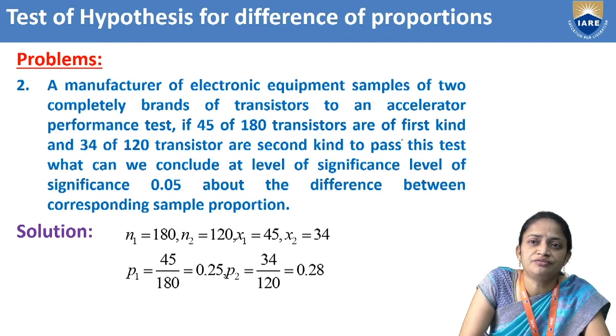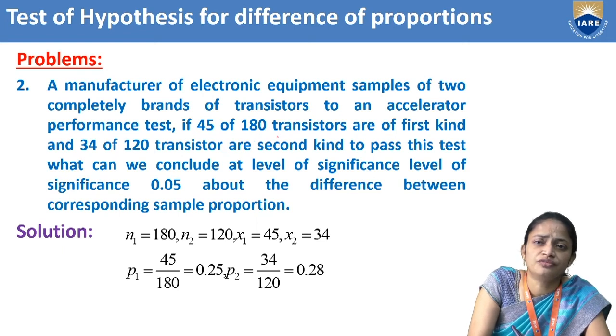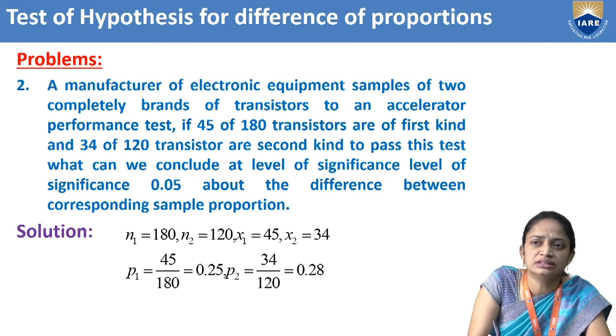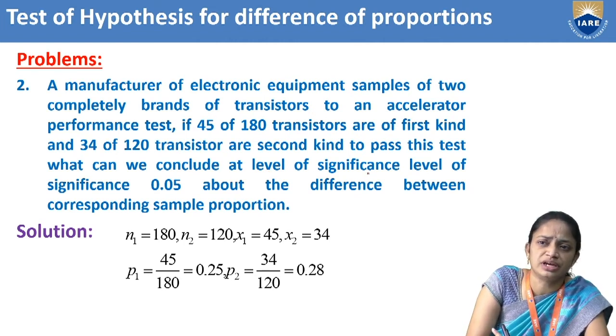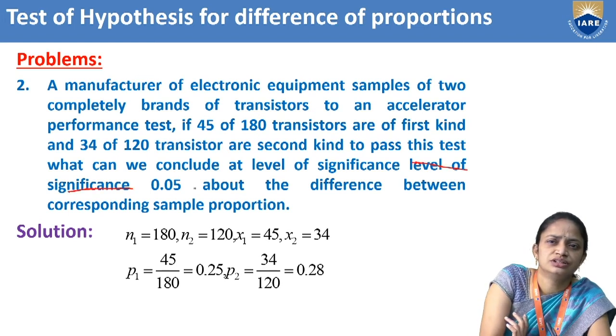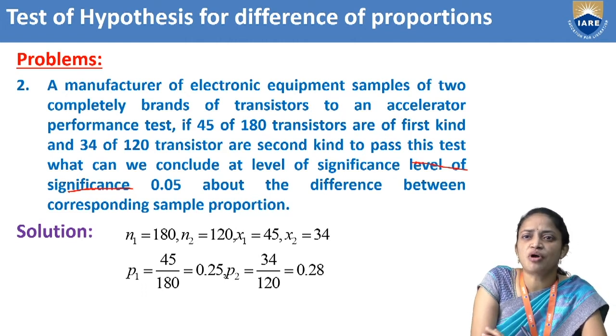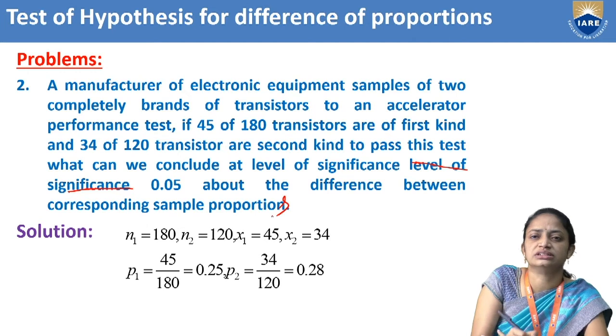If 45 of 180 transistors are of the first kind, and 34 of 120 transistors are of the second kind, can we conclude at level of significance 0.05 about the difference between the corresponding sample proportions?